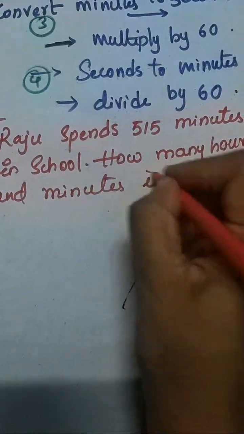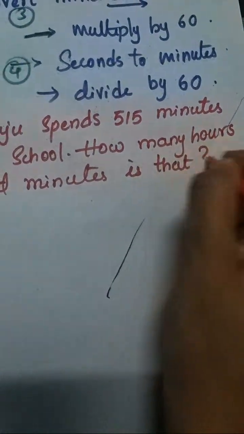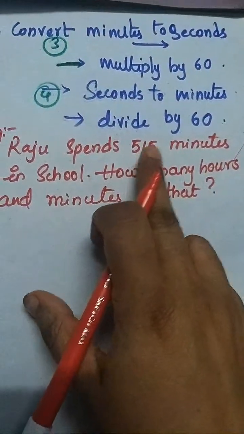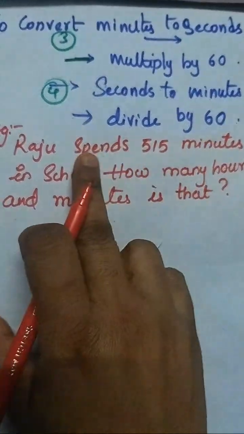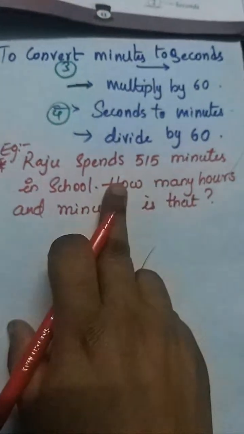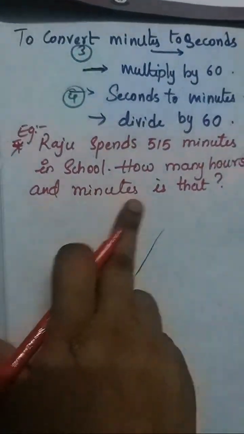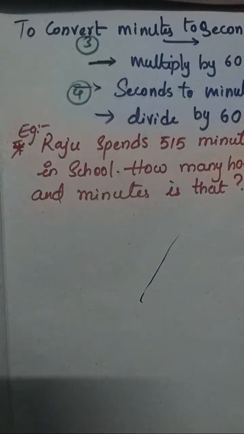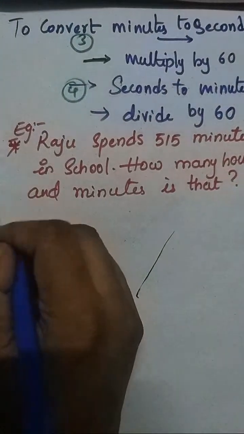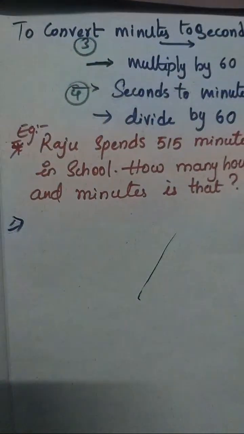We have to show this in hours and minutes. 5:15 minutes he spends in school. How many hours and minutes is that? We have to write this answer in hours and minutes. So what do we have?